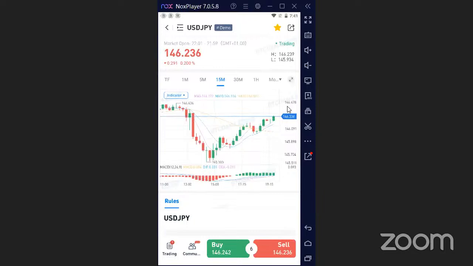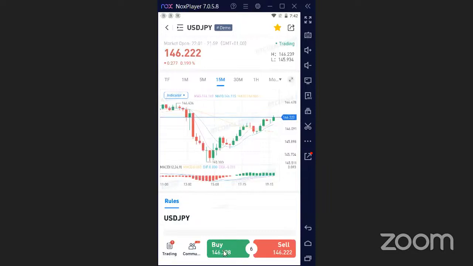And that number is 146.478. Label that one as TP, take profit. It's just a way of differentiating between the numbers when we want to enter them into our trade.